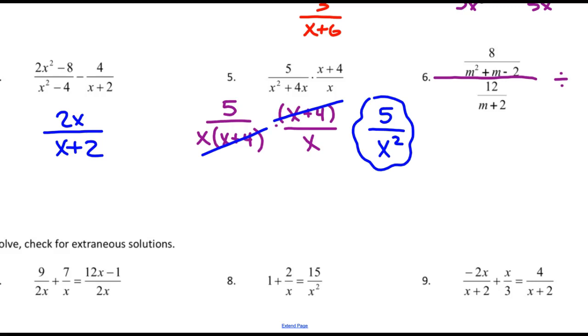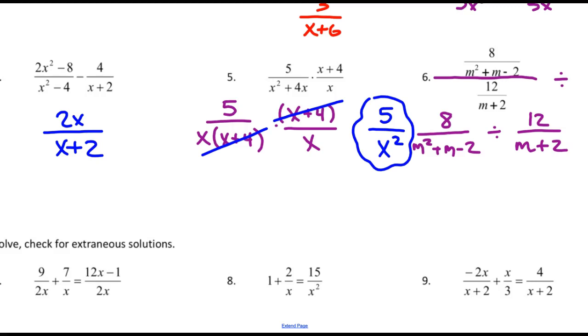So all this really is saying is take 8 over whatever this denominator is here, m squared plus m minus 2. Okay, so take that and divide it by 12 over m plus 2. So it's like a fraction divided by a fraction, but really dividing is the same as multiplying by the reciprocal.